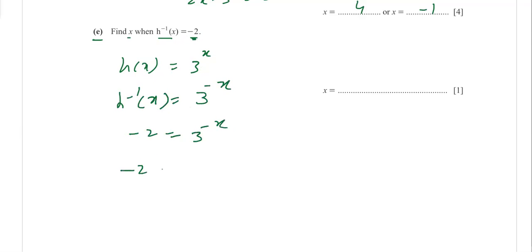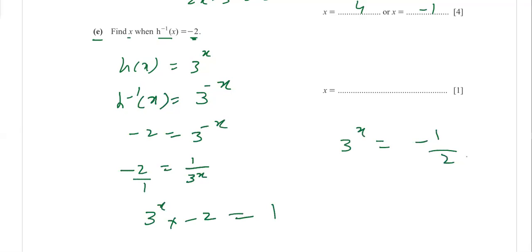Now I can write minus 2 equals 1 over 3 power x. Cross multiply: 3 power x into minus 2 equals 1, and 3 power x will become minus 1 over 2. But right now I can use the logarithm option here.